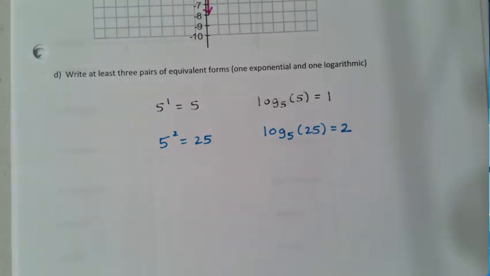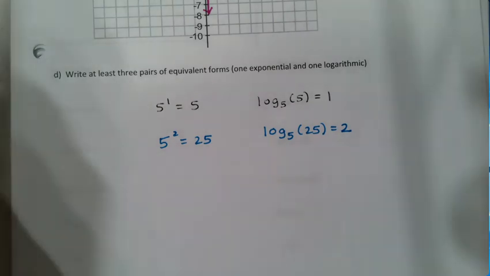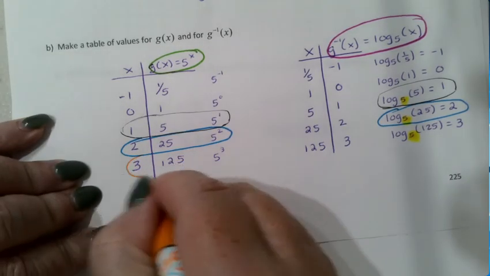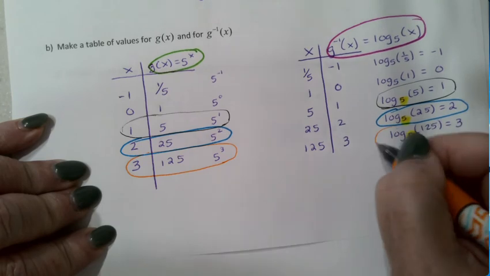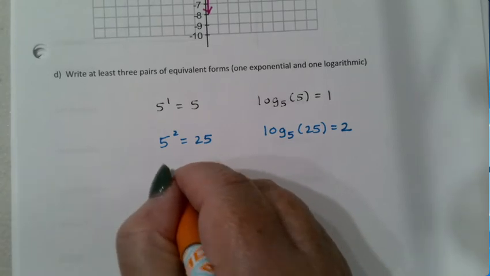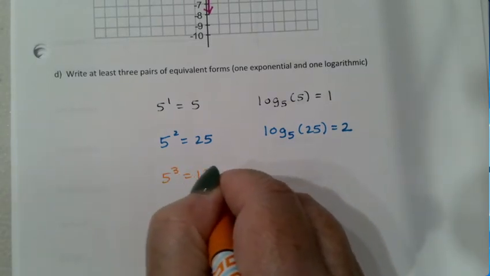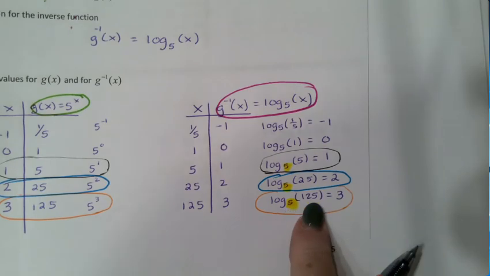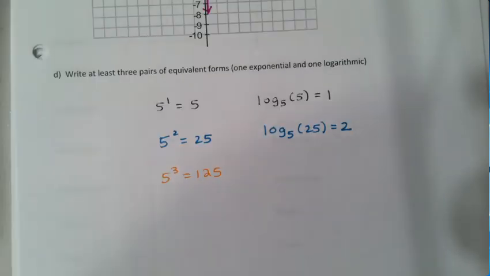And I'll grab one more. Let's do this last one. Five to the third equals 125, and the log base 5 of 125 is equal to 3.